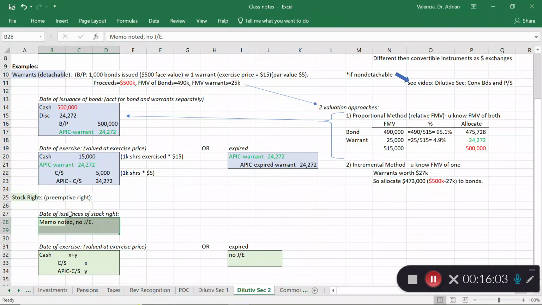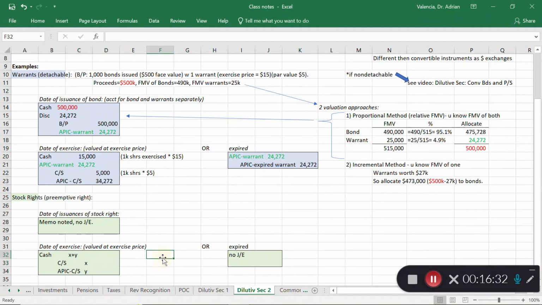If they exercise, valued at that exercise price, just like the issuance of any common stock, you debit your cash for the amounts of X and Y here, X and Y being common stock and additional paid-in capital. So that's just a regular journal entry for issuing stock, except that you have to value it at the exercise price, not at the market price, because the market price is probably going to be higher, right?